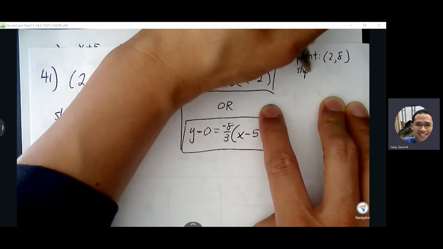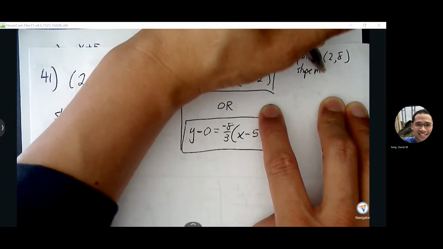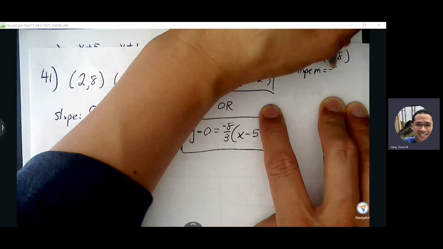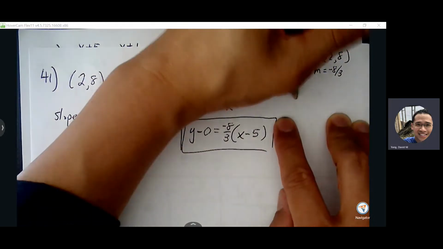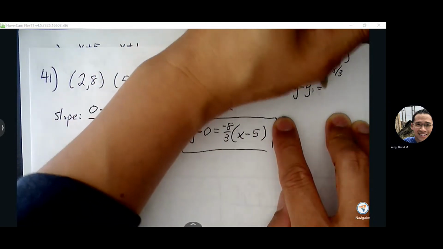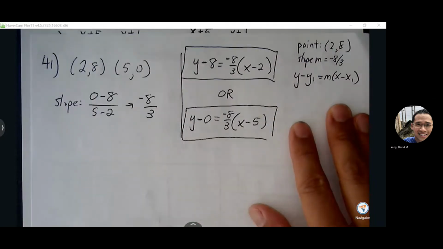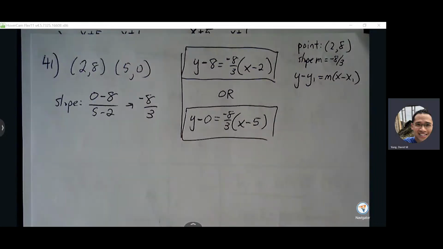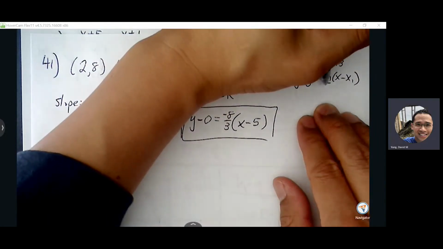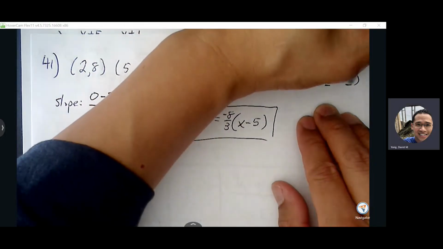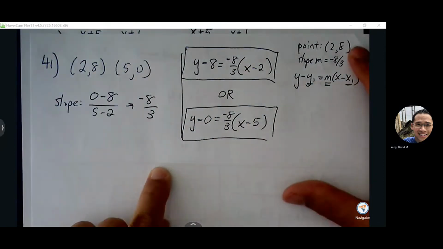My slope, m, is -8/3. And I can just put it in point slope form. I'm replacing m with -8/3. And I'm replacing x1 and y1 with ordered pair 2, 8.